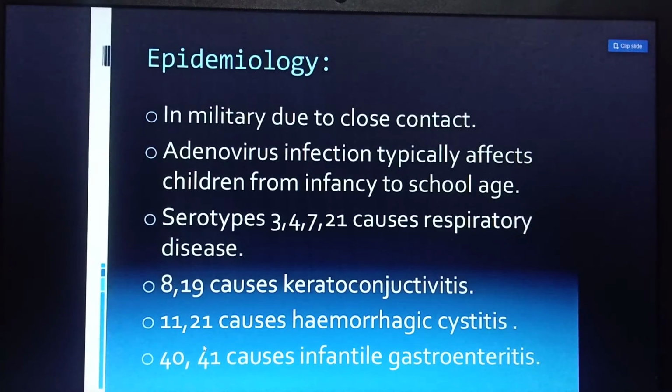Serotypes 3, 4, 7 and 21 cause respiratory diseases, serotypes 8 and 19 cause keratoconjunctivitis, serotypes 11 and 21 cause hemorrhagic cystitis, and serotypes 40 and 41 cause gastroenteritis. Infantile means infant gastrointestinal inflammation of the gastric walls.